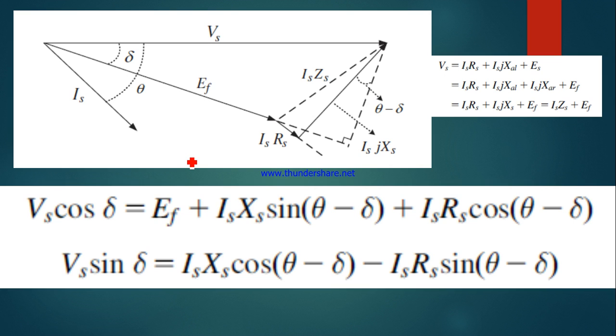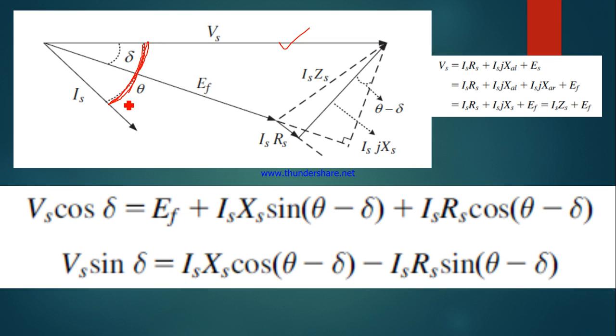Now I am coming to the phasor. So this is your stator voltage, and definitely as the entire circuit contains some reactive impedance, the current will be lagging. So that is the angle theta.